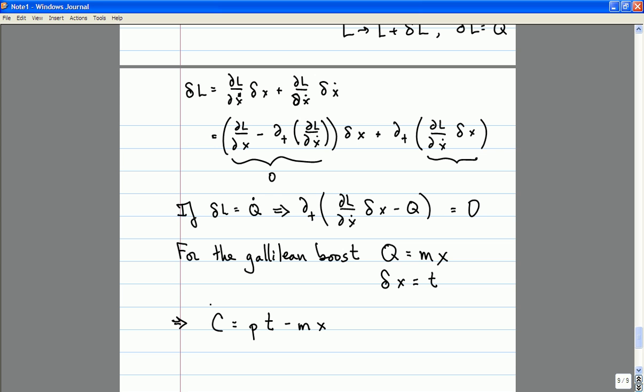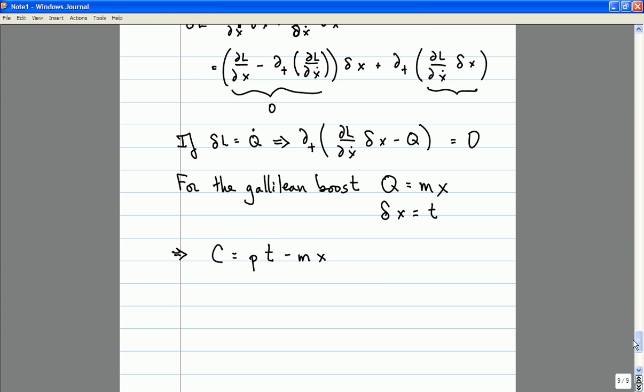So what have we learned here? We've learned that the function on phase space of the particle, which generates the Galilean boost symmetry, is pt minus mx. And what is the point? The point is that the Poisson bracket of this with p is not equal to 0.